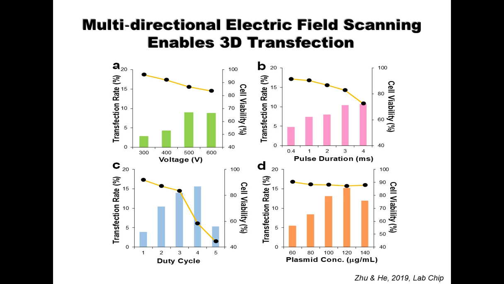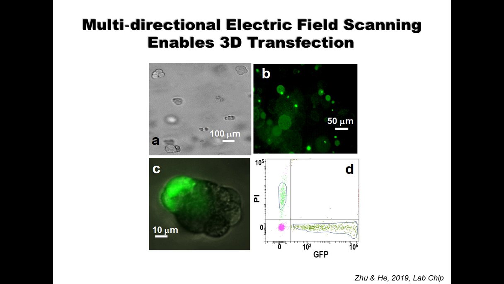And we also utilize this transfection process to introduce the green fluorescence protein plasmid into cervical cancer tumor cells, which are cultured as a three-dimensional culture system in our device. So we can see the plasmid was introduced into the 3D cells, which actually glow in green fluorescence, which can be measured by flow cytometry.